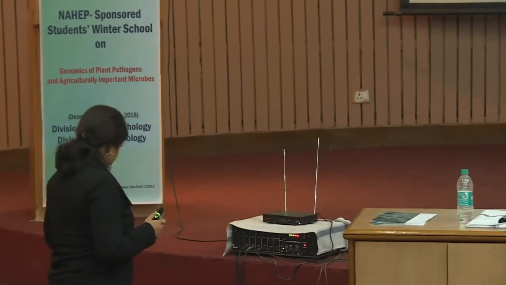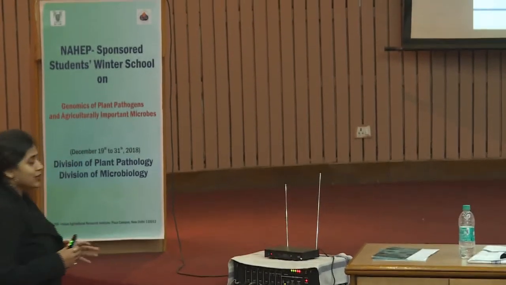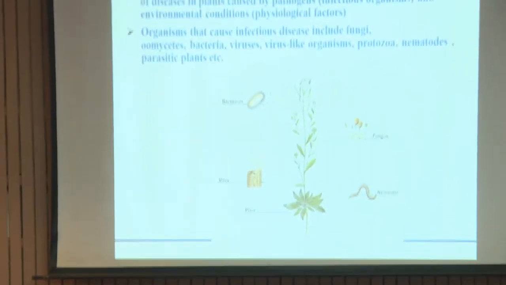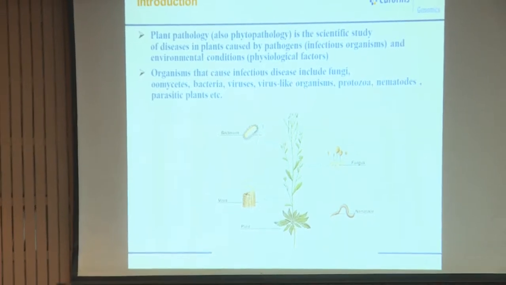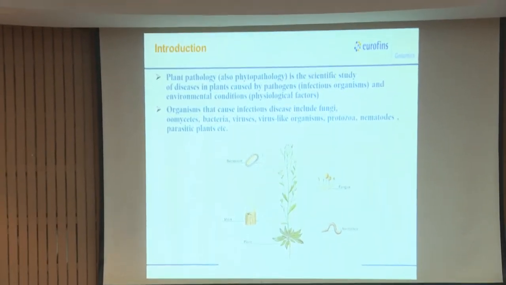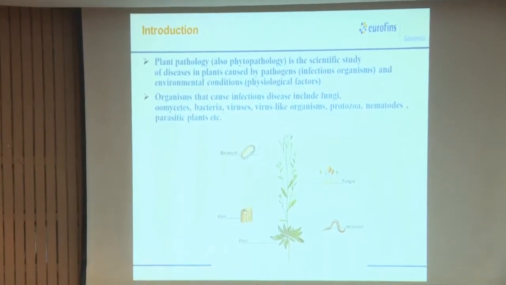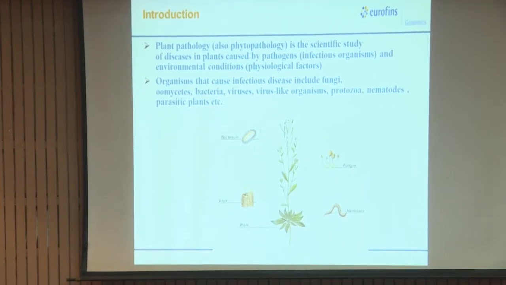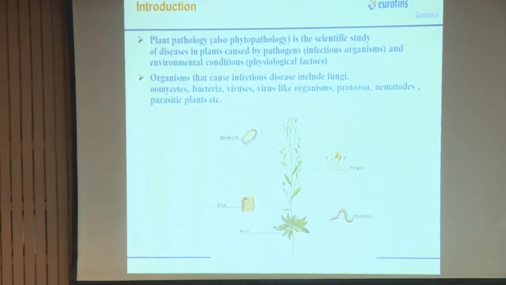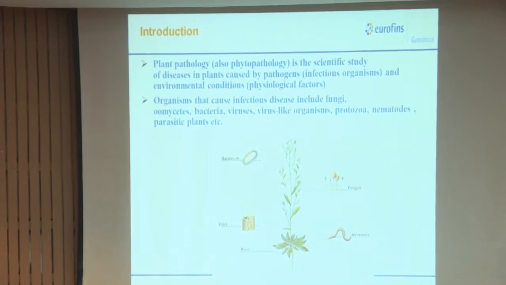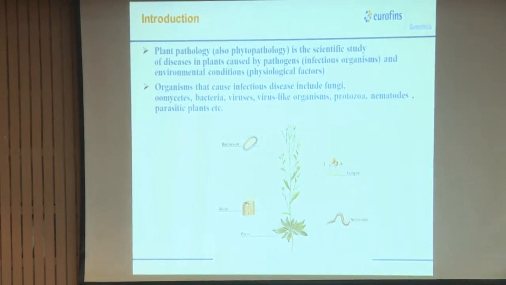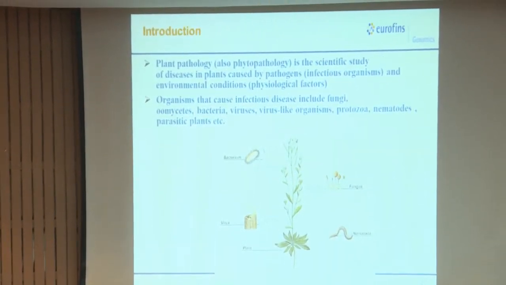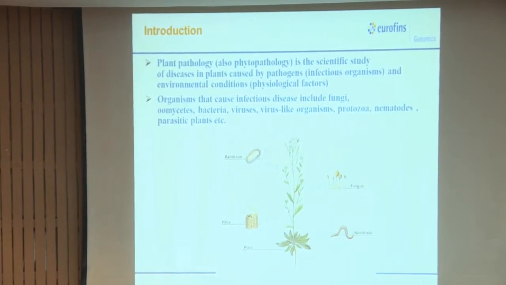So, the basics of plant pathology is that we have bacteria, viruses, fungus, everything infects plant. What is the common thing is the genome assembly. Genome sequencing of any of these organisms can get you into many details about these organisms, and you can understand the plant and host pathogen interaction.